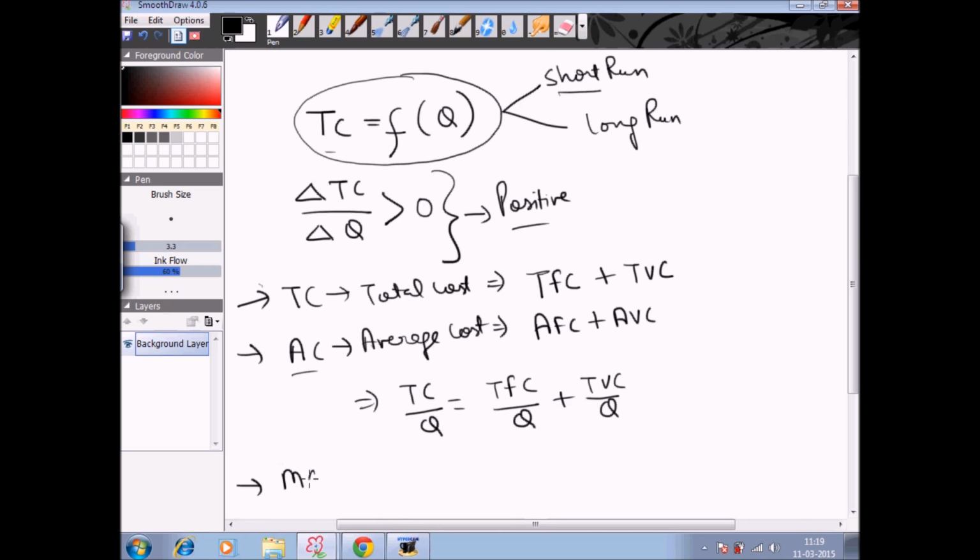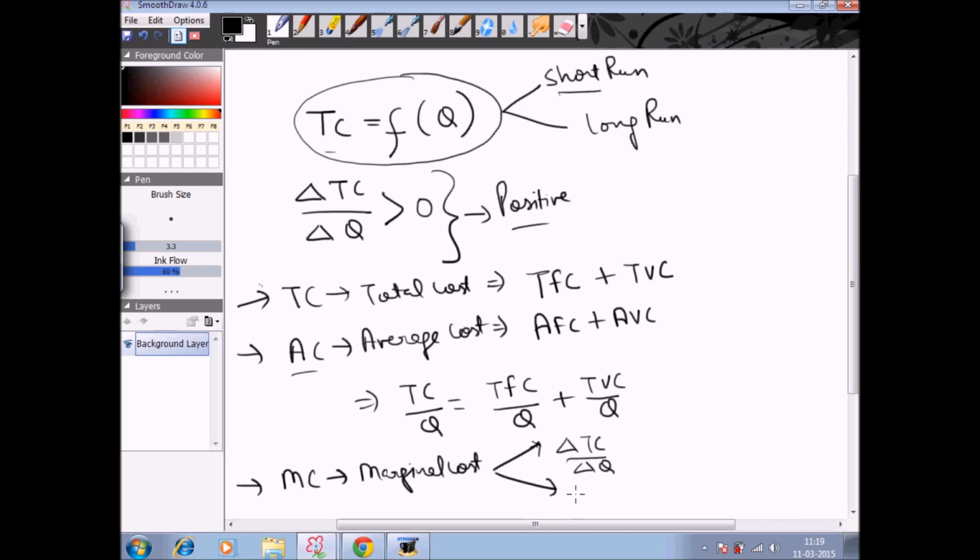Then we have marginal cost. Now we can calculate marginal cost in two ways. We can divide the change in total cost by the change in the quantity produced.